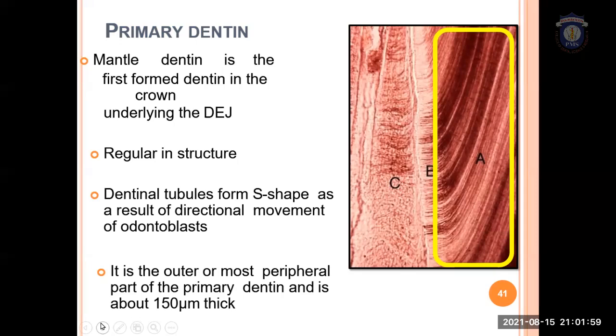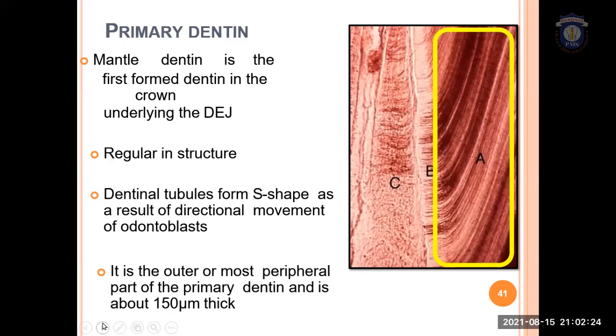The dentine immediately below the dentino-enamel junction is known as the mantle dentine, and this is the first formed dentine in the crown underlying the dentino-enamel junction. The characters are that they are regular in structure, and the dentinal tubules are in S shape. They form an S shape as a result of the directional movement of the odontoblast.